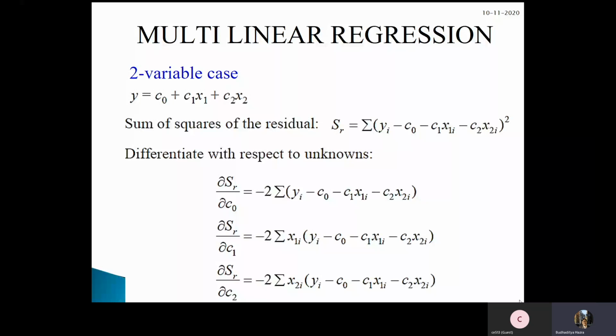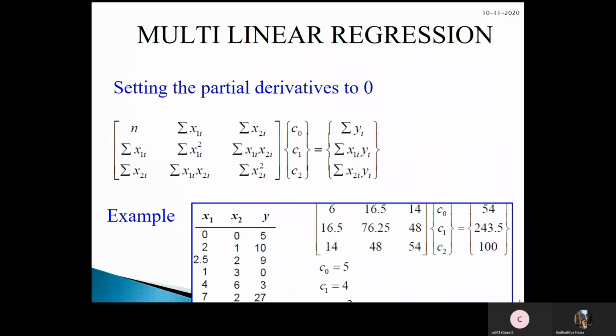Again, following the same idea, that is minimizing the sum of squares of residuals, by taking the partial derivatives and setting them to 0, you can find c0, c1 and c2 by rewriting the equations in a matrix format, which is shown here.